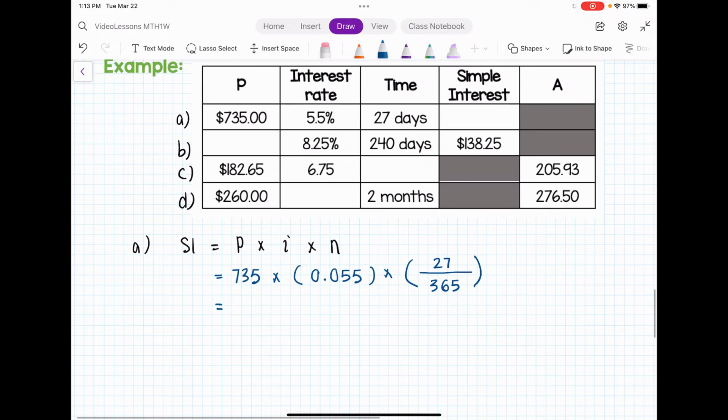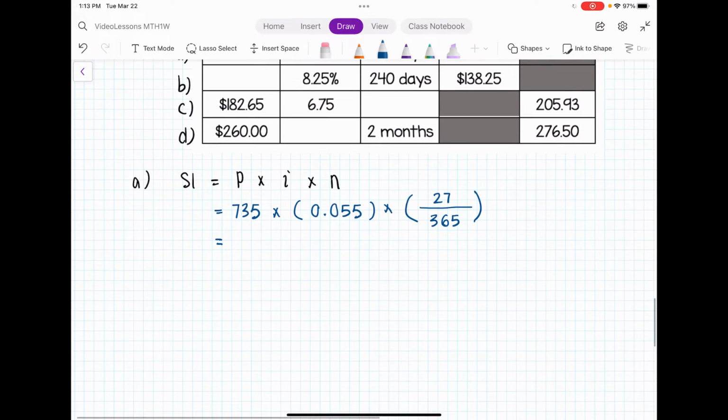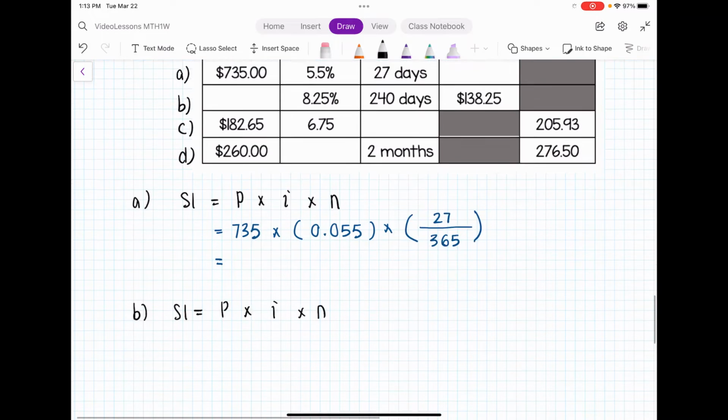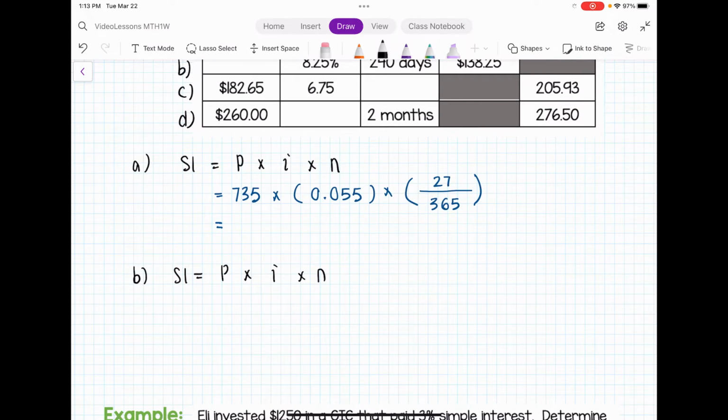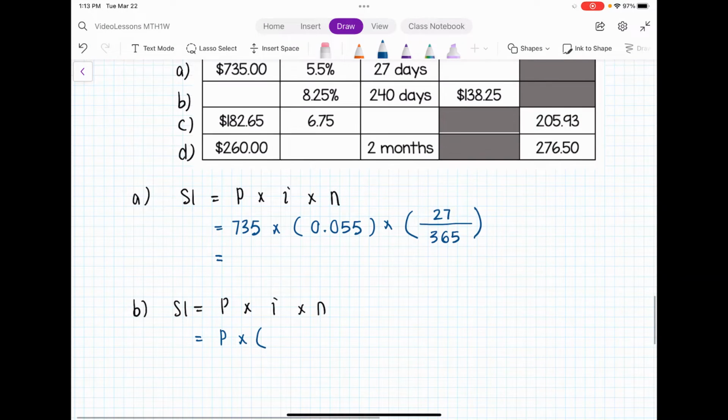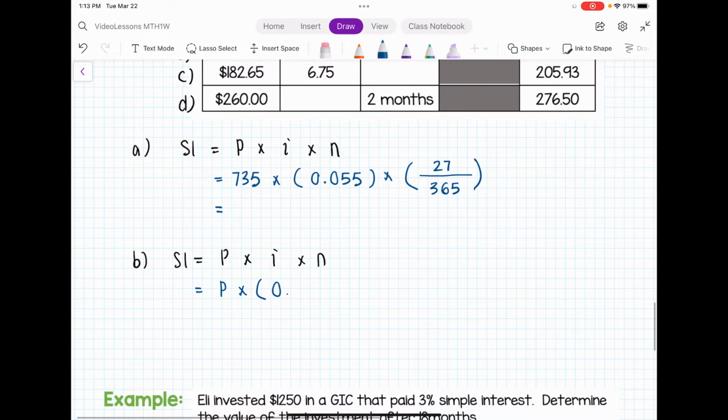In question B, we have to do 2 things. Again, we were given simple interest, so we're still going to be working with the simple interest formula. However, now when I fill in everything I know, my interest rate is 8.25, which means 0.0825.